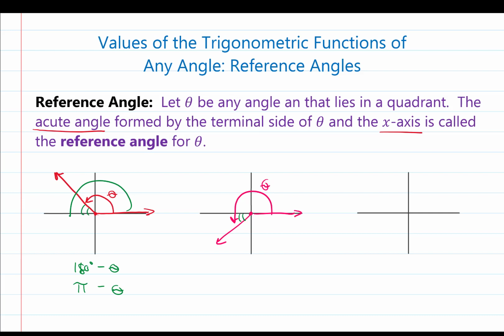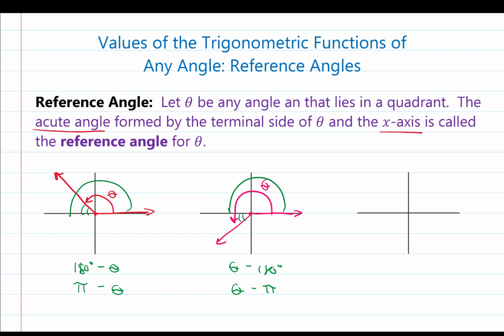So how do we calculate that angle? Let's take the full angle of theta and subtract from it this angle of 180 degrees from the positive x-axis to the negative x-axis, and that will give you the reference angle. Or in terms of radians, that would be theta minus pi.